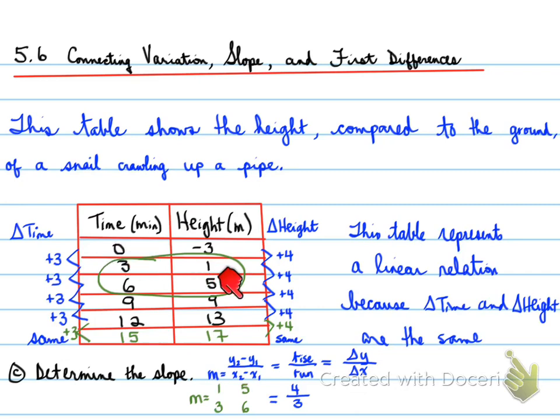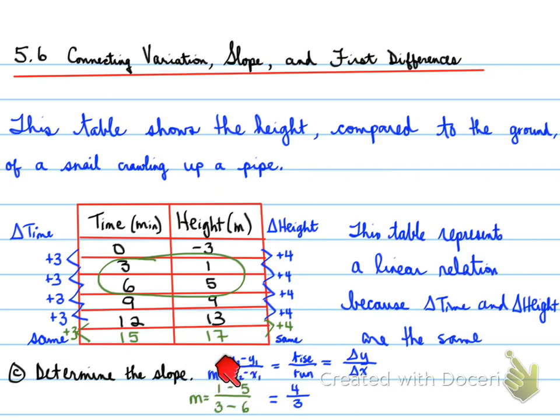Or we could use the coordinates. Let's say we use two sets of points, these two in the middle. We can determine the slope by writing 3, 1 upwards. So you notice I wrote 3, 1 upwards. That's this set of coordinates. Then we take the next set of coordinates, 6, 5, and we write 6, 5 going upwards. And then we draw 3 lines: 1, 2, and 3.